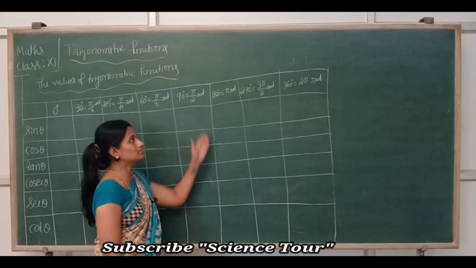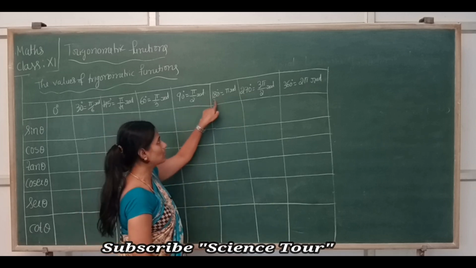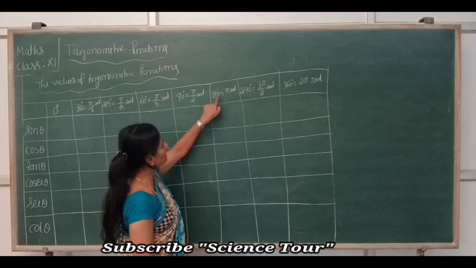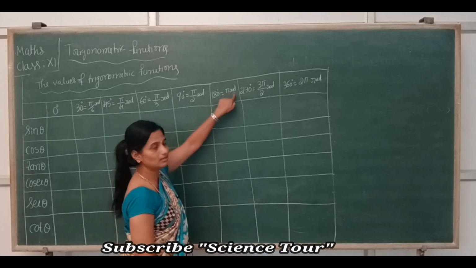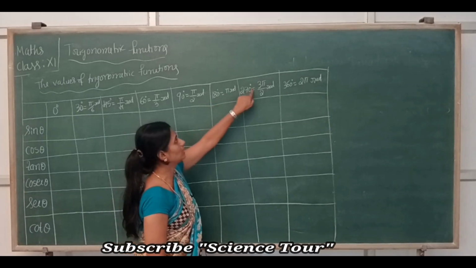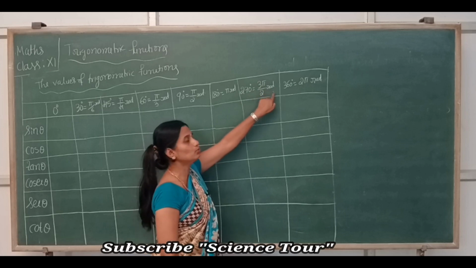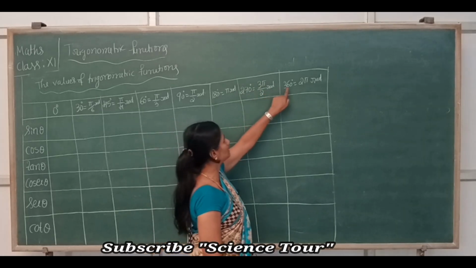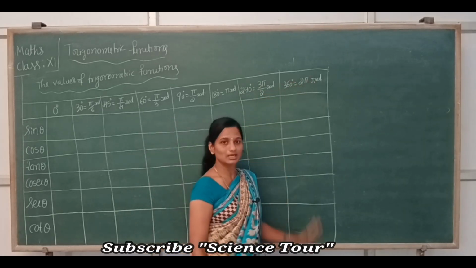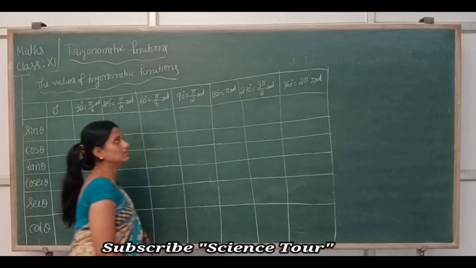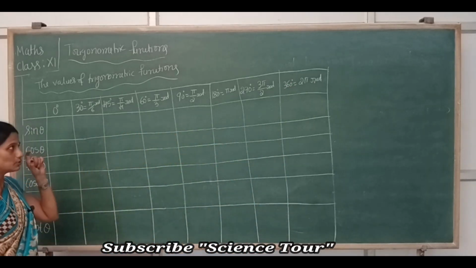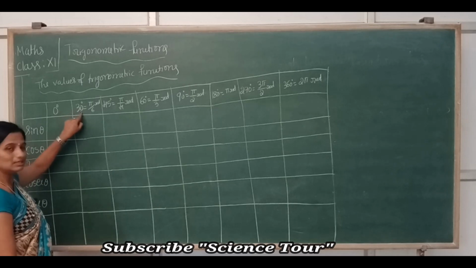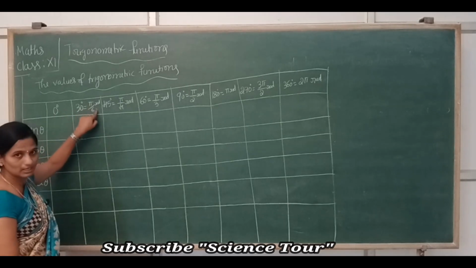Now next here extra angles, those angles are 180 degree. 180 degree is pi radian. Next is 270 degree, which is 3 pi by 2 radian. Next 360 degree is 2 pi radian. So you should know both the values in degree and also in radian.